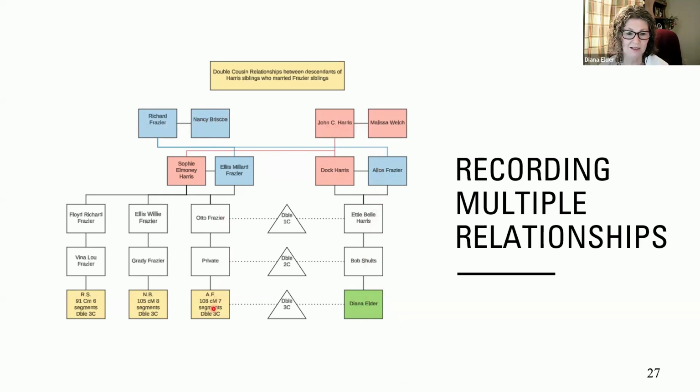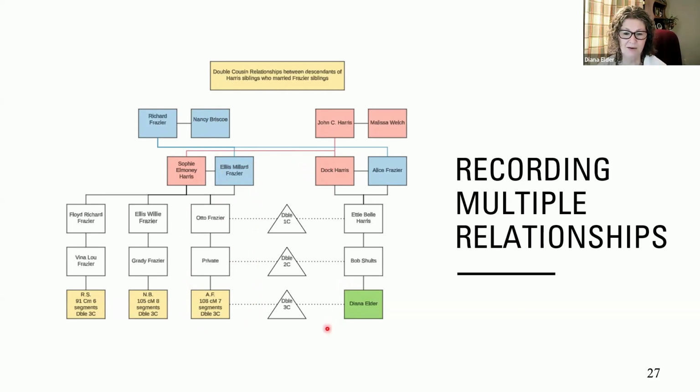Well, these cousins over here come down through a marriage of a Frazier and Harris also. So we are connected through two different sets of great great grandparents, and therefore they are my double cousins. Turns out that they are double third cousins, and we share a bit more DNA than you would think with a third cousin because of inheriting from both sides of the family.